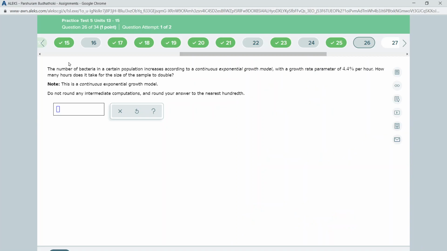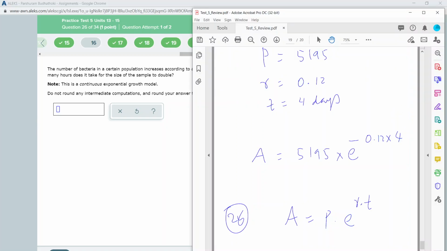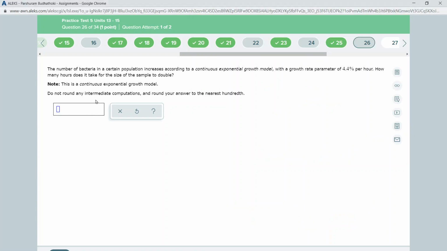In this case it's about a population of bacteria, so P is the initial population and A is the population after time t. The bacteria grow at a rate of 4.4% per hour, and now we need to find how many hours it takes for the size of the sample to double.